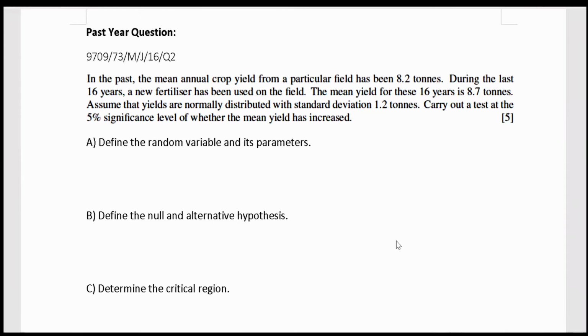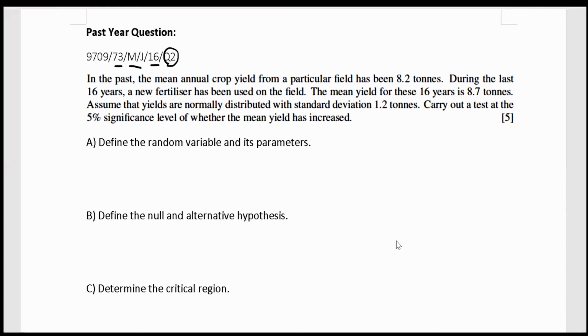Okay, so this is a question from May-June 2016, variant 7.3, question 2. In the past, the mean annual crop yield from a particular field has been 8.2 tons. During the last 16 years, a new fertilizer has been used on the field.